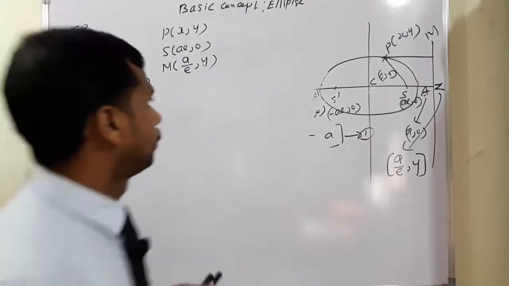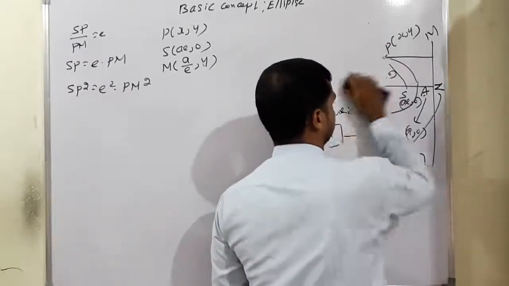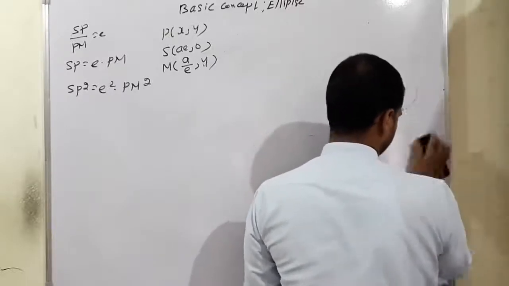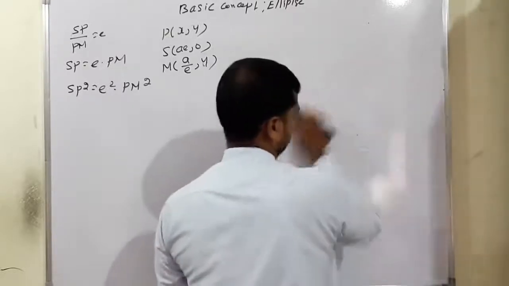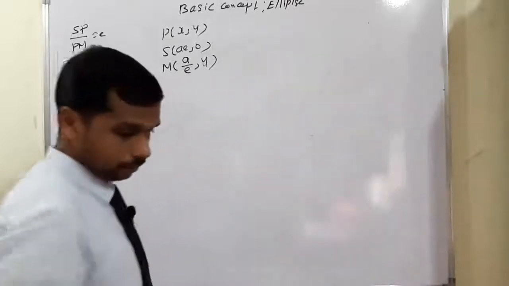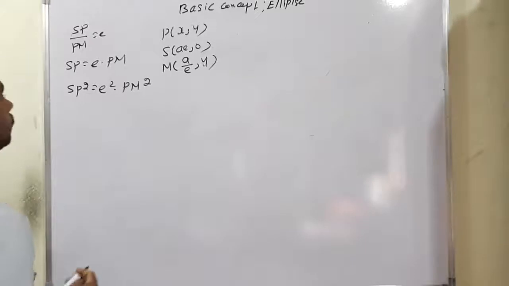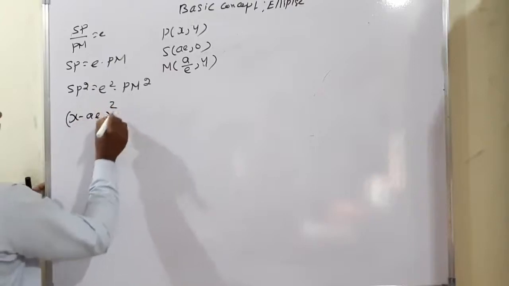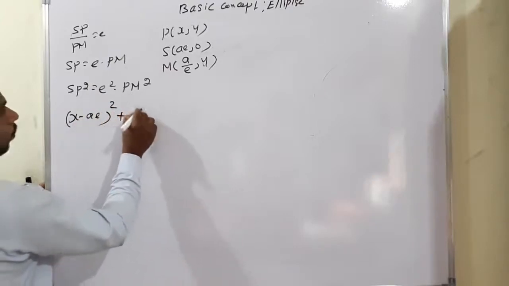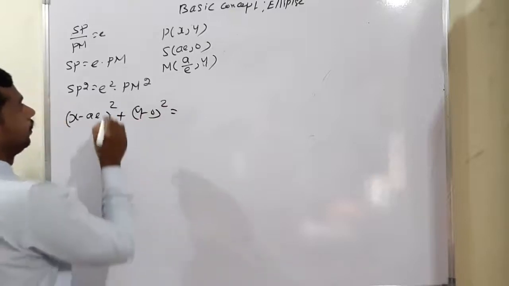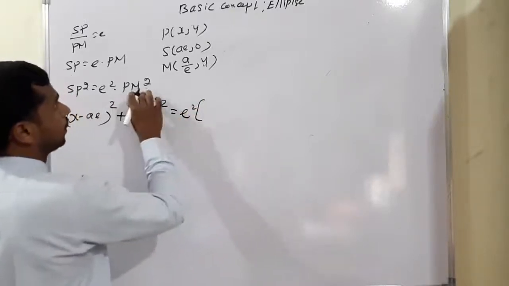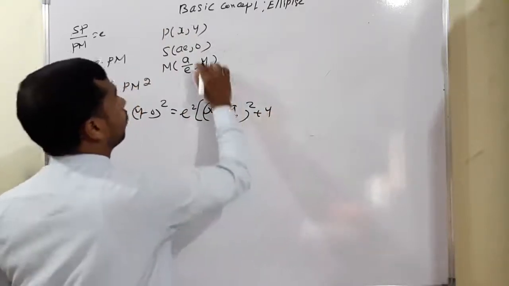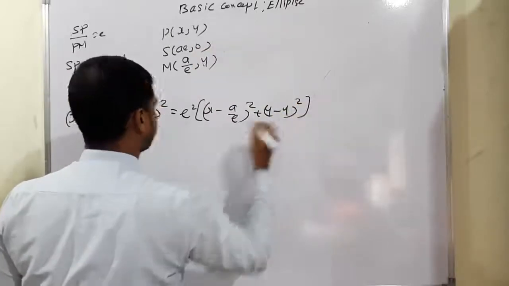So now no need for the diagram. Now SP, distance formula: x minus AE the whole square, plus y minus 0 the whole square is equal to E square as it is, then PM, distance formula, P to M: x minus A by E the whole square plus y minus y the whole square.